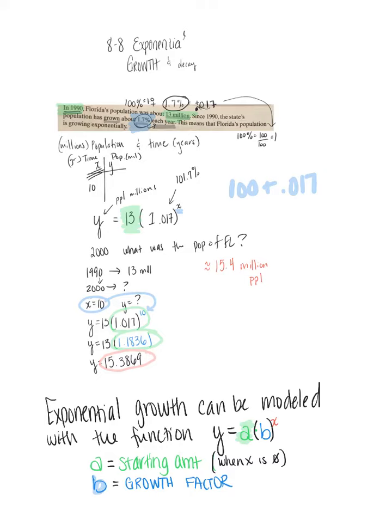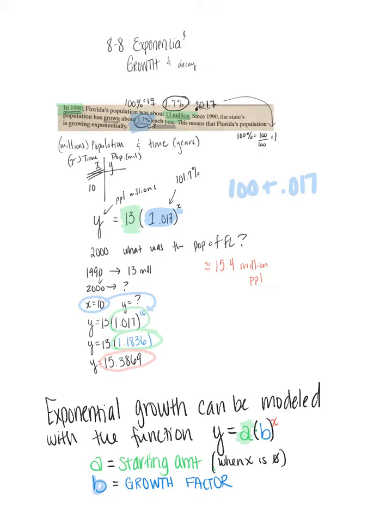And so that growth factor is what went right here. It's the amount by which my population increases. And when my population is increasing and it's adding to the original amount, it's always going to be a 1 point some amount. It's always going to be 100+%. It's never going to be under 100% or we're dealing with decay. Okay, so then I get my exponent.